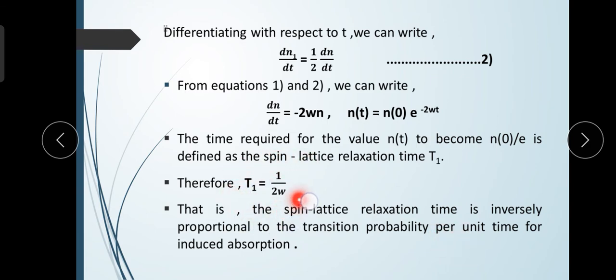So here we get the relation between the spin lattice relaxation time and the transition probability per unit time. So this is the time t1 which is equal to 1 by 2w. So this is the very important time for the relaxation process.